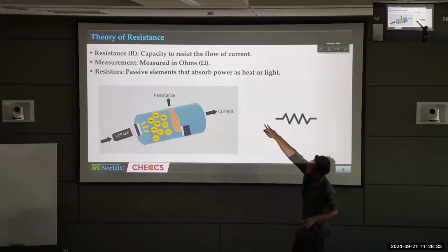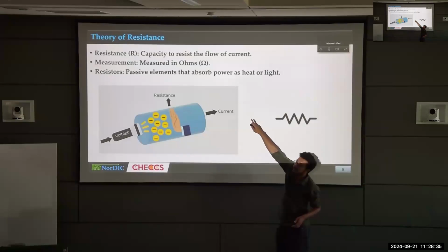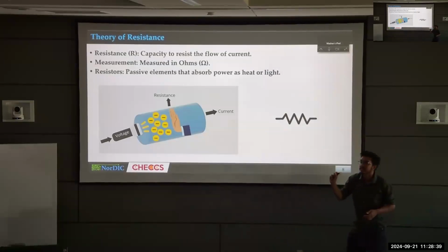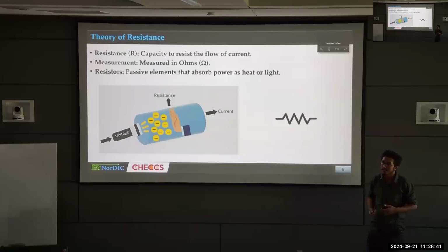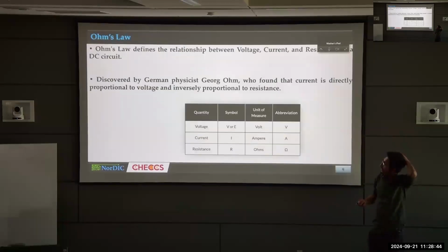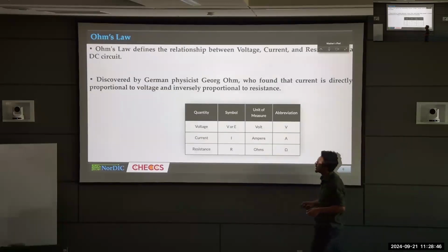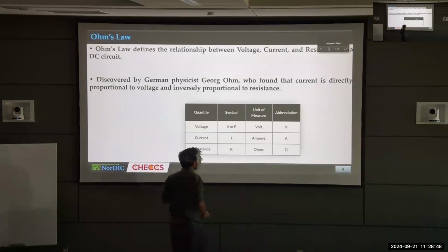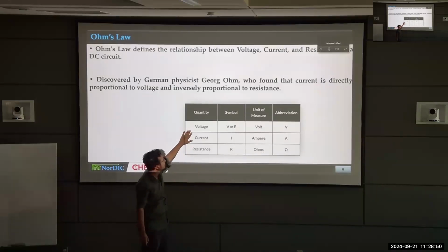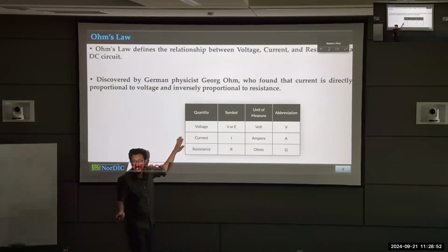Oh, there it is. So, are you familiar with the Greek letter omega? This is what we typically write as the unit of resistance. This is just to remind you of the three most important parameters for analyzing basic electrical circuits.